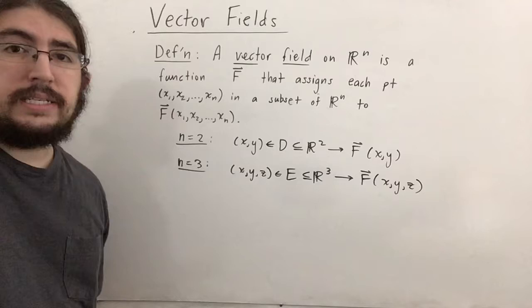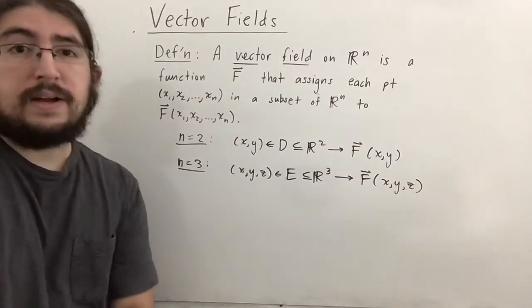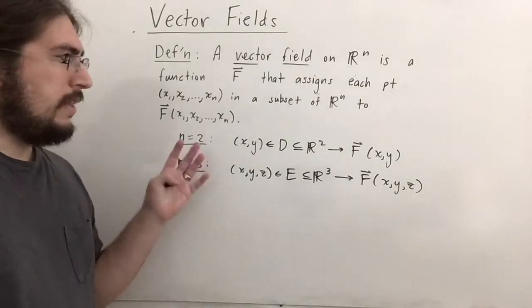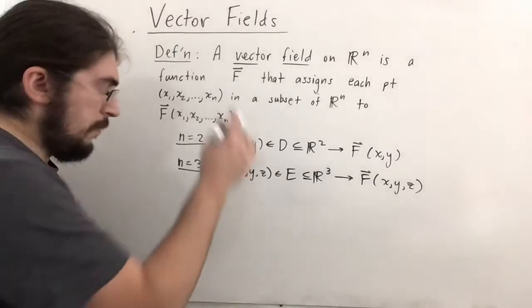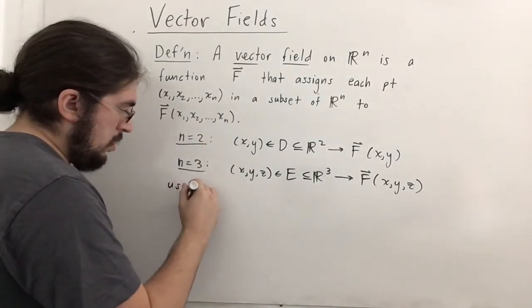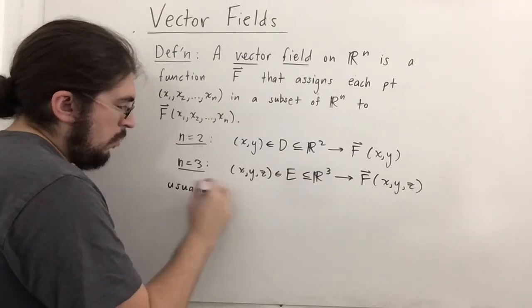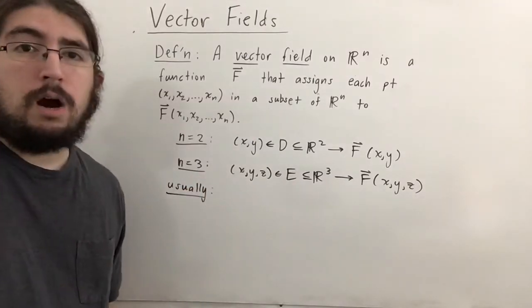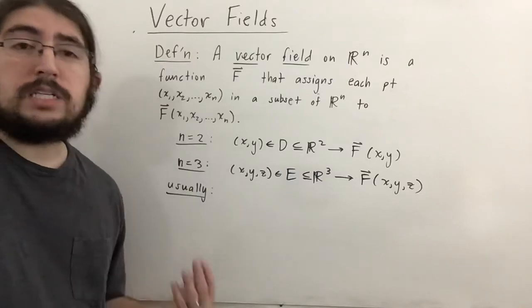So really all that is just essentially a vector function, but in a very specific notion of that. And usually we use the letters P, Q, and R as the function of each component.